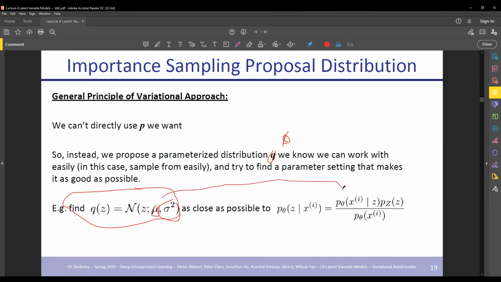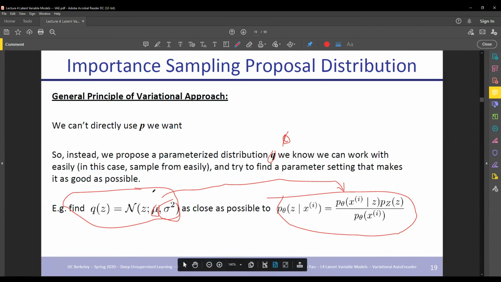But the important thing is it still needs to be as close to the posterior. The reason, we remember, is we wanted it to be as informative about xi as possible, obviously far better than just the prior. And at the same time, we want it to be easy to sample from. So we parameterize it and make it a Gaussian. Any questions?